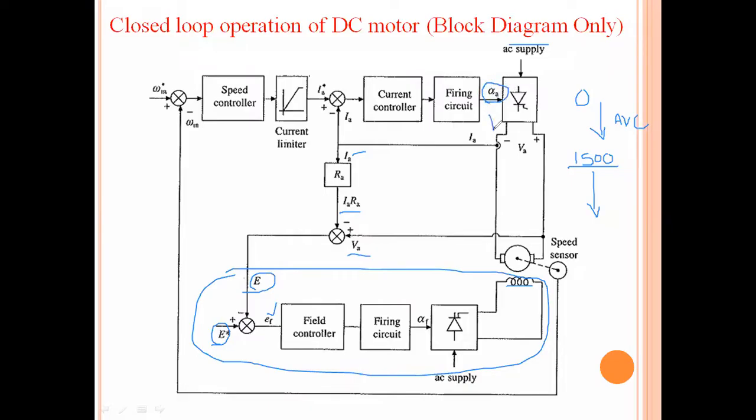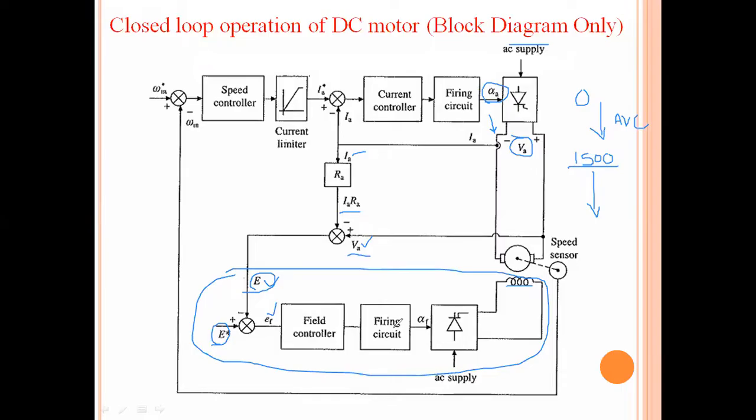If the firing angle comes down, then the average voltage VA becomes more. If VA becomes more, then EB becomes more. That means the back EMF will increase. If the back EMF increases to the set value, this error will decrease. And a field controller is used here to regulate this error, and its output is given to the firing circuit.